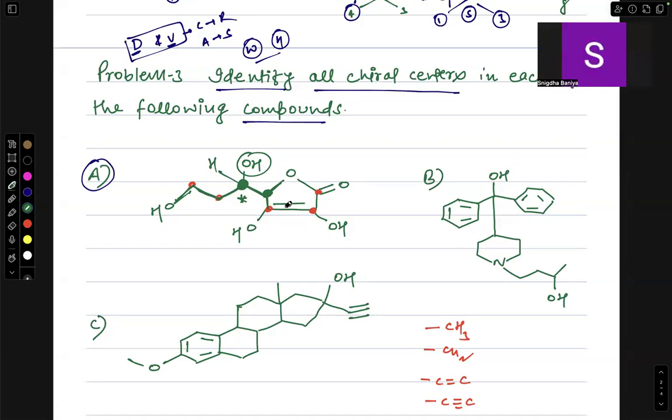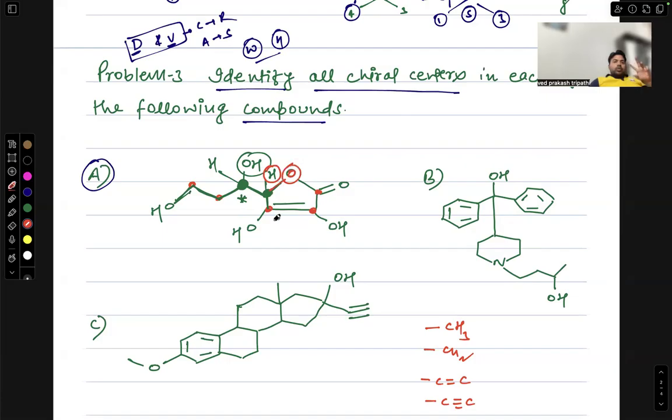Is it just one chiral or two chirals? Let me explain this one as well. Here we have a hydrogen, which is different; on one side oxygen, which is different; and on the downside you can see the carbon containing OH, and on the left side the entire chain. Do not compare this COH with this COH.